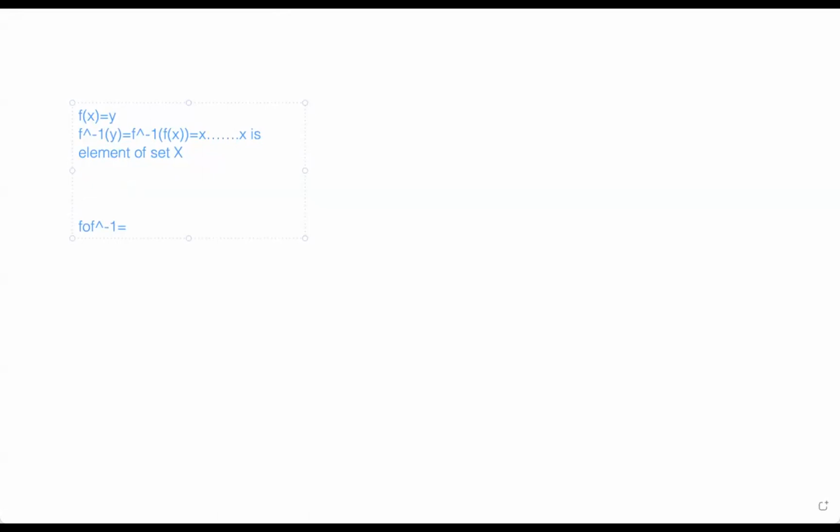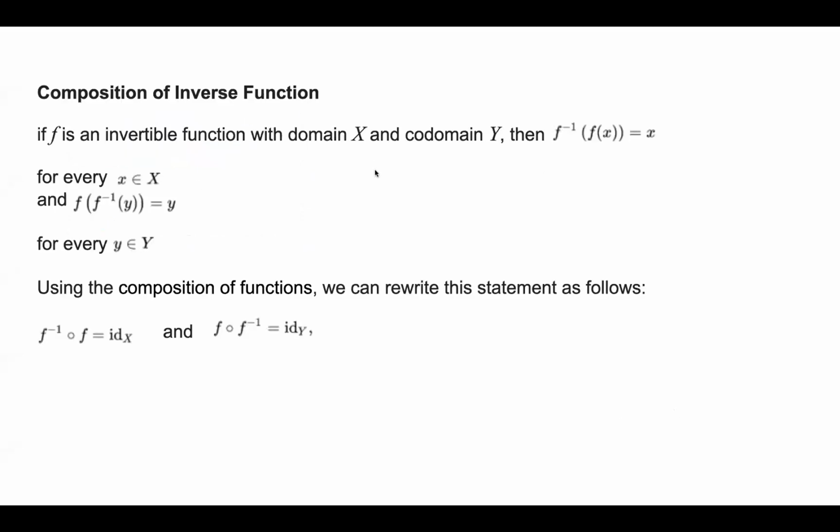From this, what we have is f of f inverse of y is equal to y.